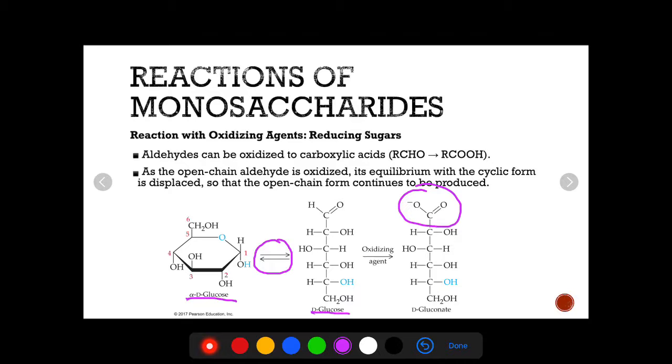I'm trying to remember exactly what we had, but everything else was a positive test except for water and starch. I think starch was the right one. So that's what's happening. The open chain of the monosaccharide is being oxidized to get the carboxylate ion.